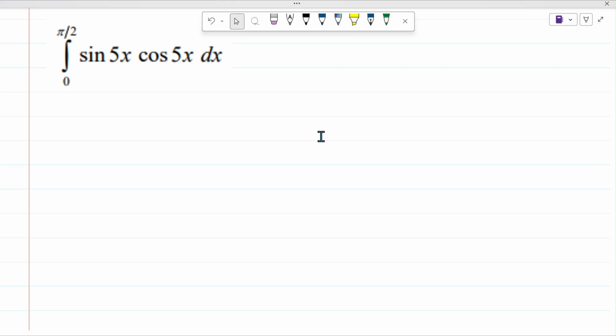Let's check other questions. So we've got this one, the definite integral from 0 to pi over 2 of sine 5x cos 5x dx, right? So we can force this to be the double angle, or we can make one of these f of x and the other one f prime of x.